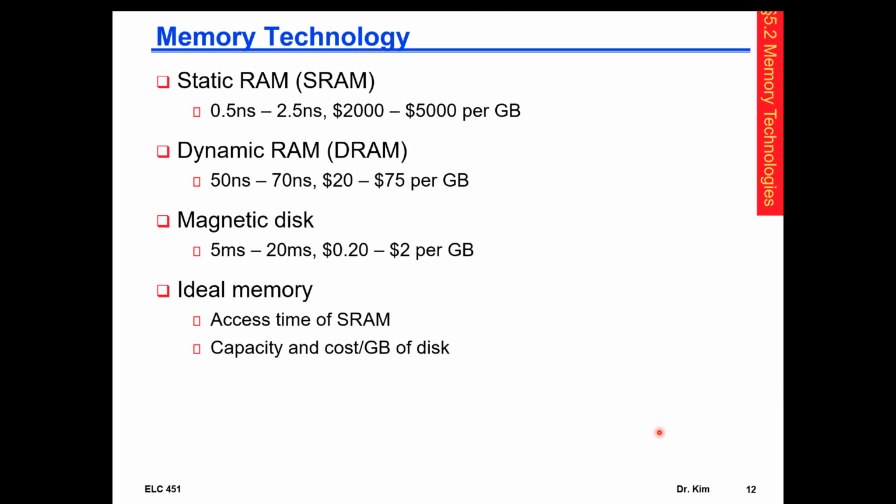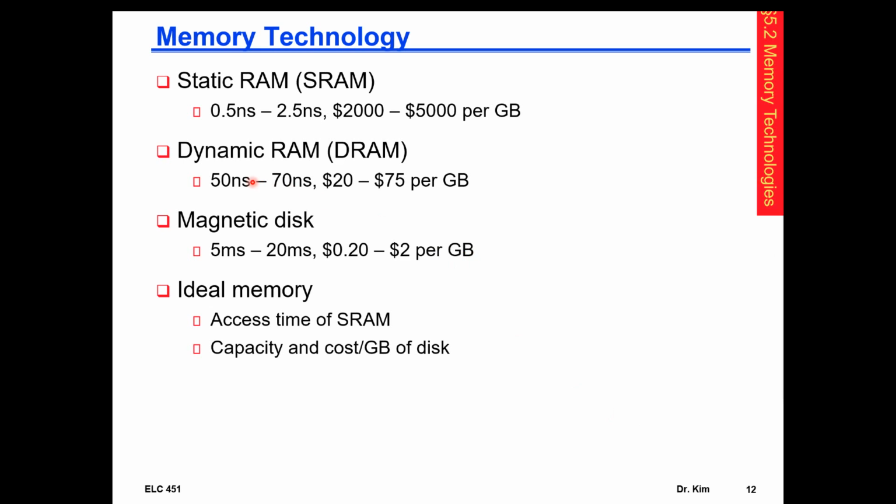But what you want to get an appreciation for here is how relative these parameters are. Again, time, cost, size, and how many orders of magnitude they are apart from each other.